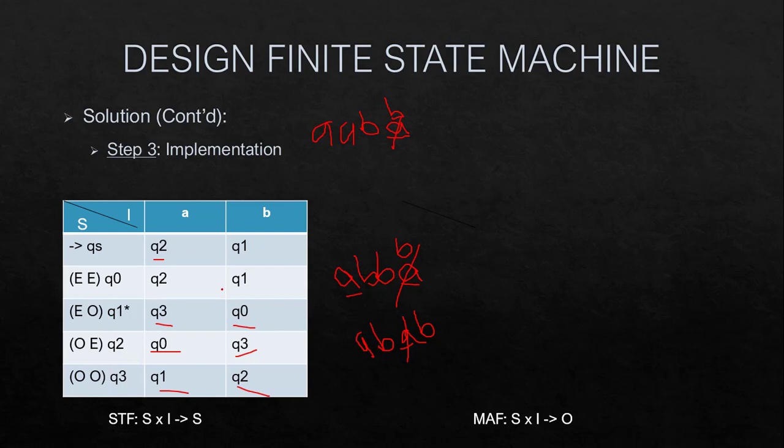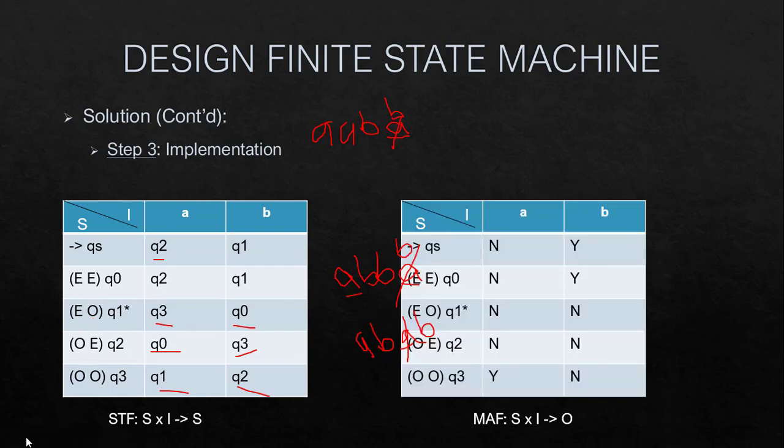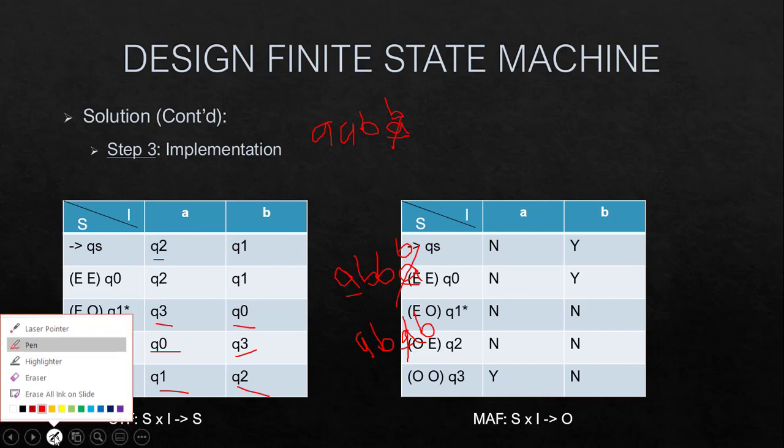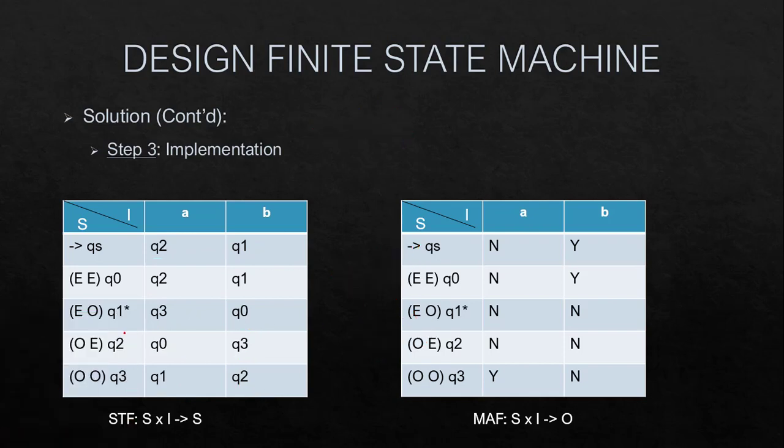Instead, we have to scan the entire input string till the end and decide whether it has reached the final state of Q1, that is, even number of A's and odd number of B's were found in the input string or not, and generate the output yes, that the input string was having even number of A's and odd number of B's. Now, for every state other than Q1, the output will be no, and Q1 will generate Y as the output.